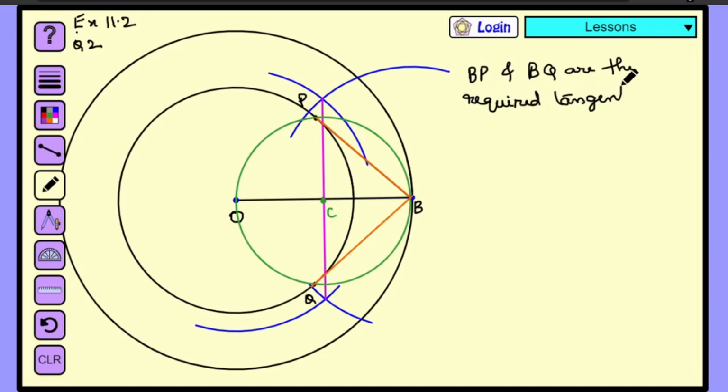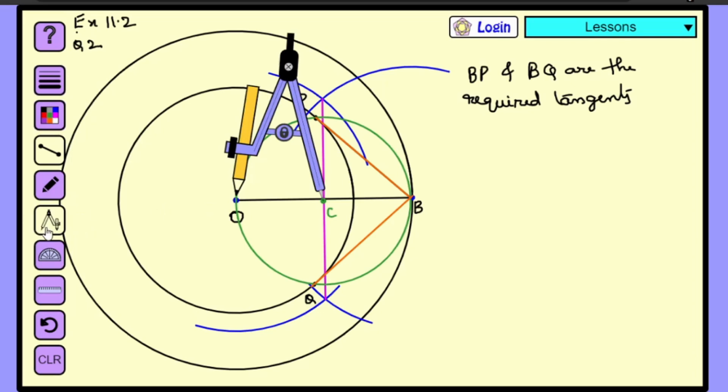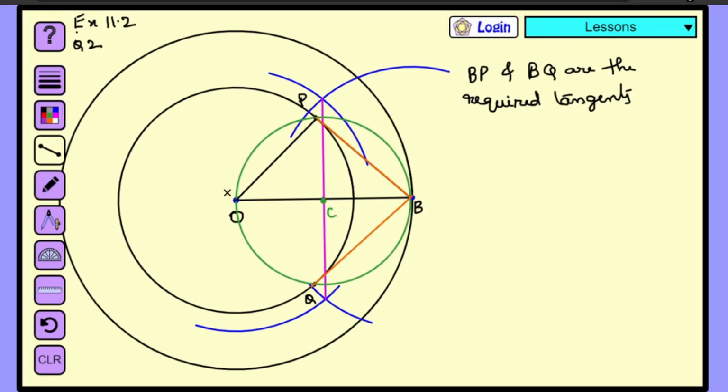We can measure the length of the tangents using the scale, and in our question they are asking us to verify the measurement by actual calculation. Now from the point B, if I join O and P with a dotted line, we are able to see a triangle.